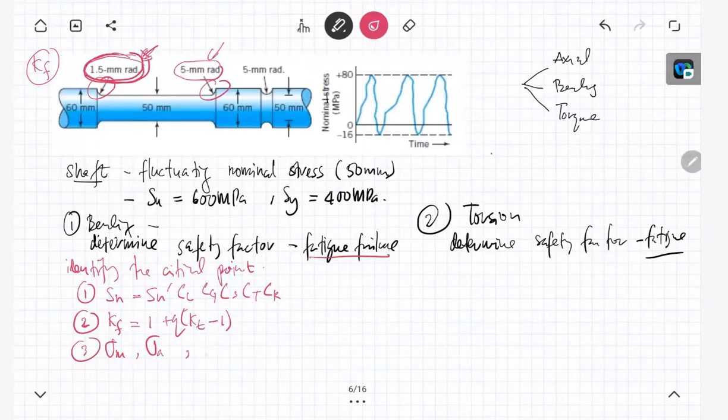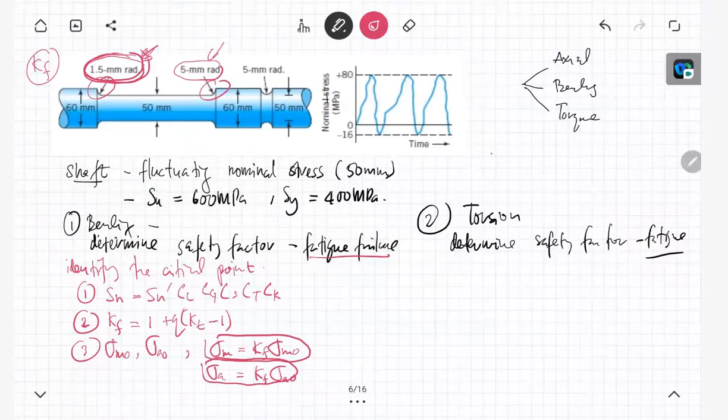After that, we calculate the real: sigma m equals Kf times sigma m0, and sigma a equals Kf times sigma a0. Okay, we have these values, then we can calculate.